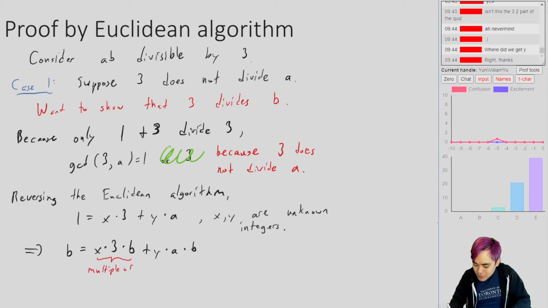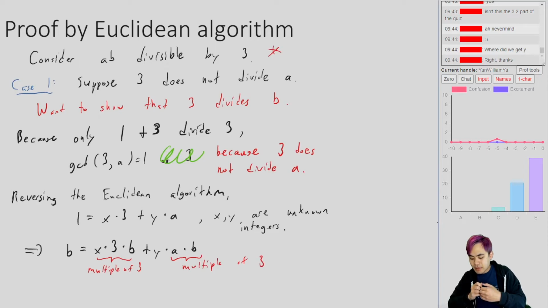And this a times b is also a multiple of 3, because of our original assumption that a times b is divisible by 3. Therefore, this entire b has to be divisible by 3, because the two pieces are both divisible by 3. So that implies that b is divisible by 3.